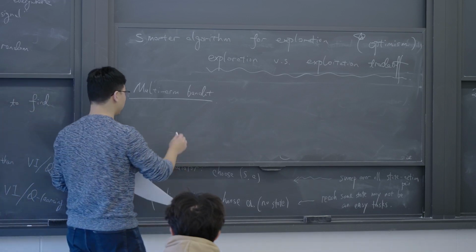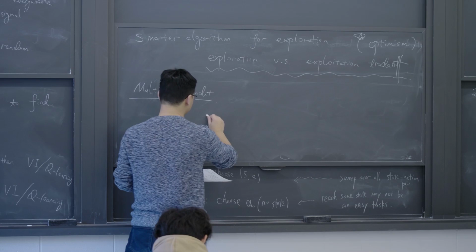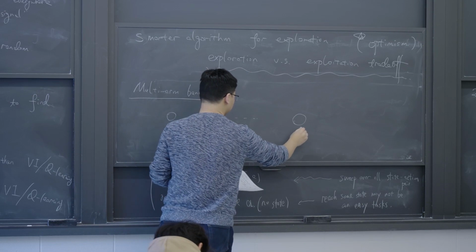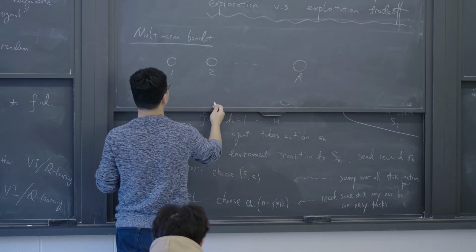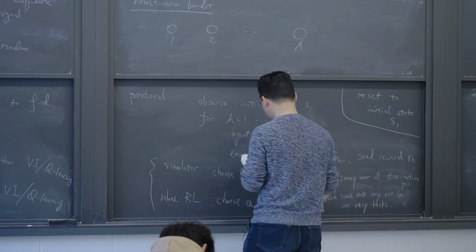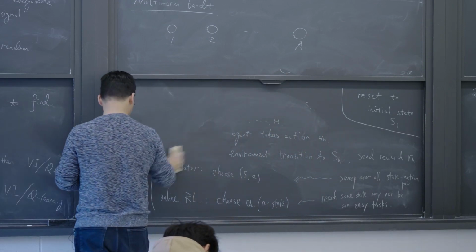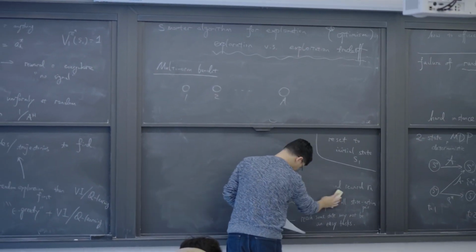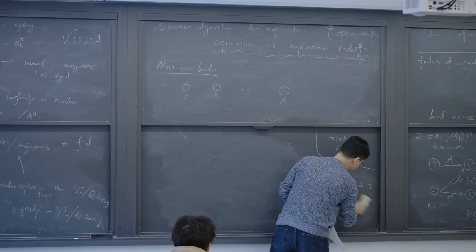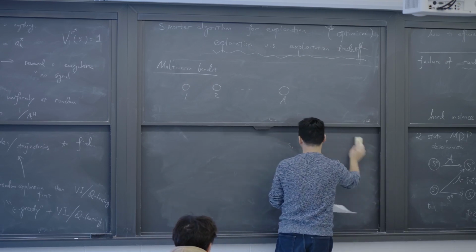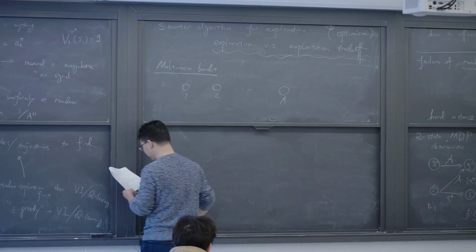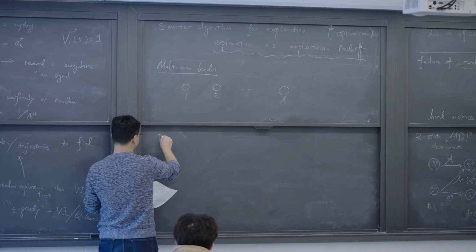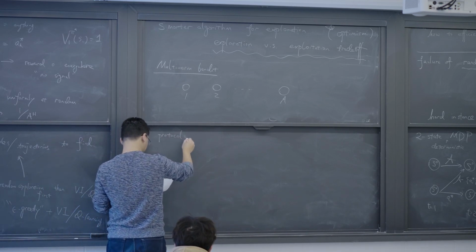Let's recall what the multi-arm bandit case is. We have a bandit machine with 8 different arms: 1, 2, till 8. The protocol of the multi-arm bandit goes as follows.